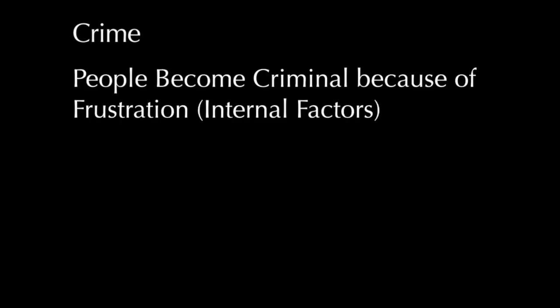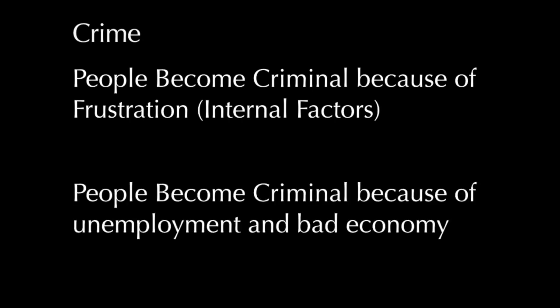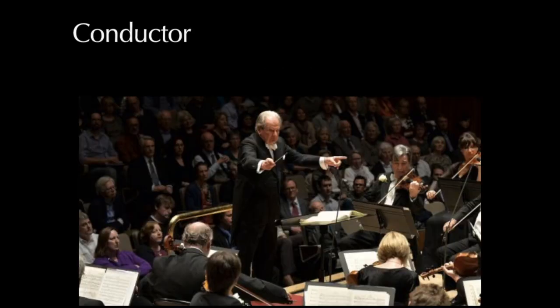The example of crime: cognitive psychologists might say people become criminal because of frustration, which is an internal factor, something that exists in the mind of the person who commits a crime. And Skinner says, no, people become criminal because of unemployment or because of a bad economy. And what are these features? These features exist in the environment. We don't have to say anything about what is inside the mind.